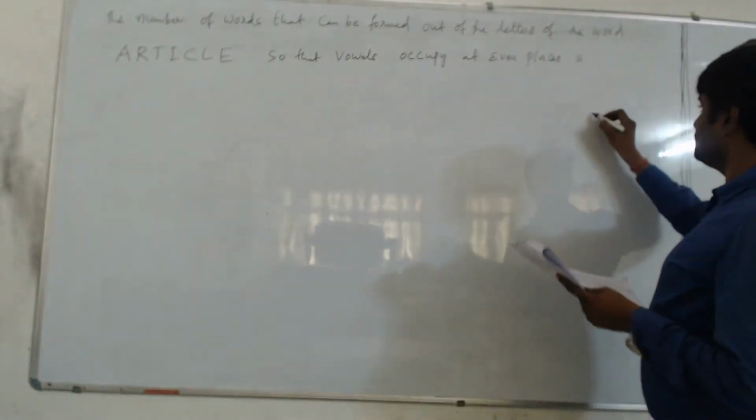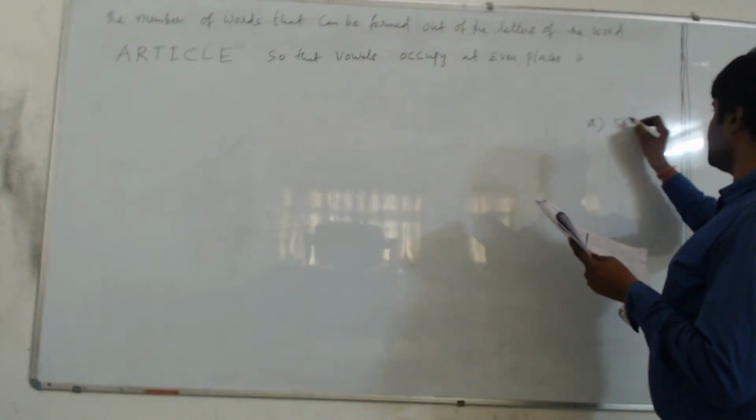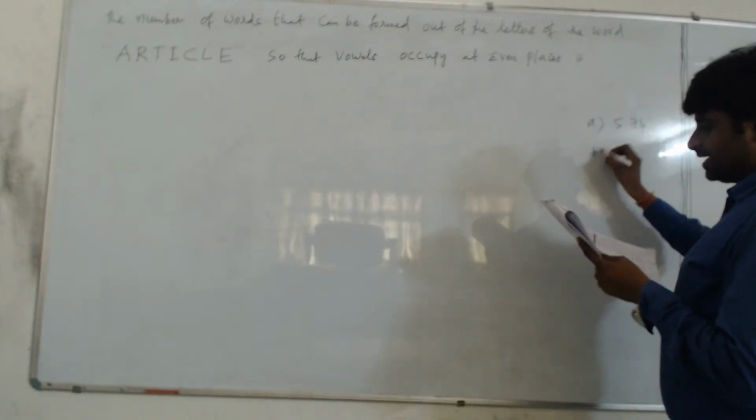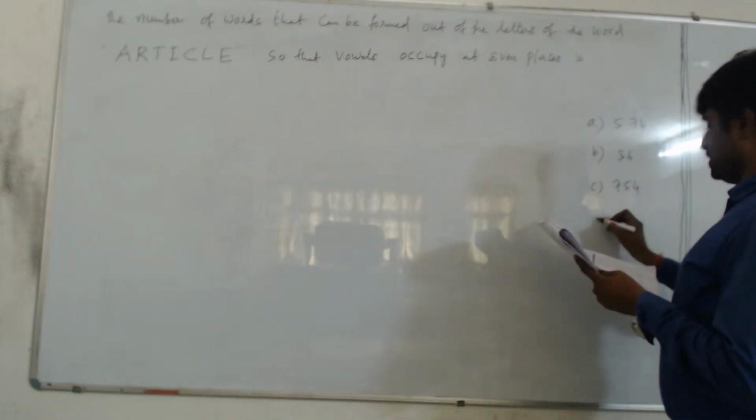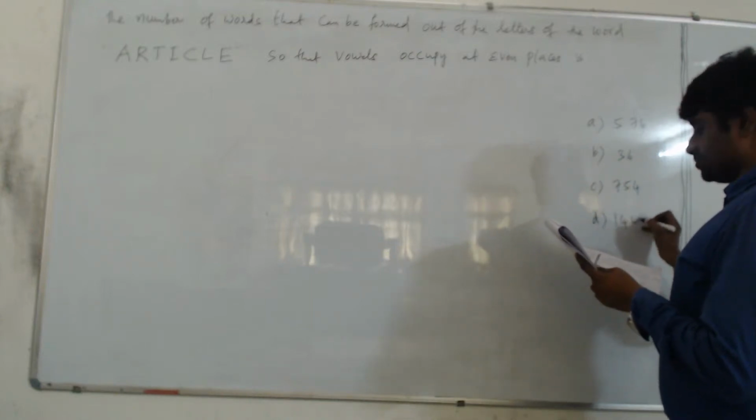The first option is 574, the second option 36, the third option 754, and the fourth option 144.